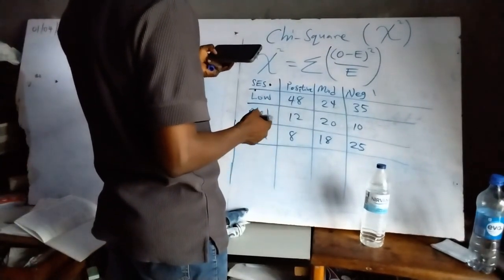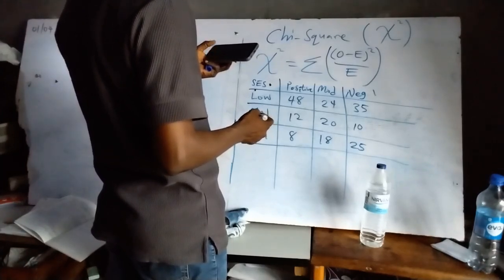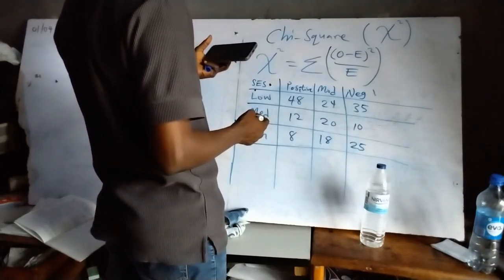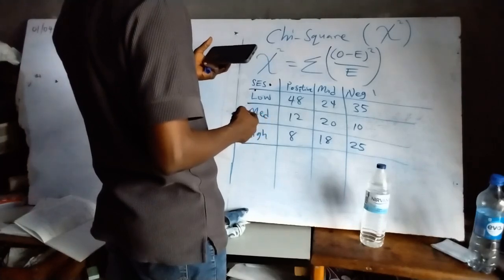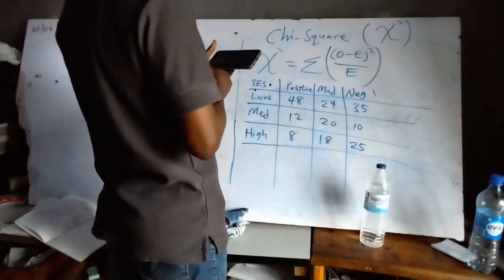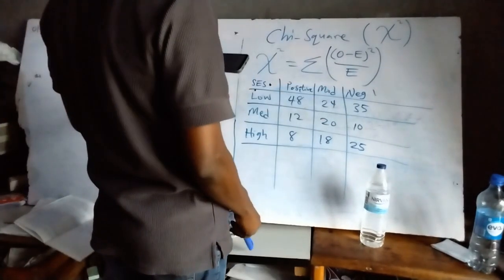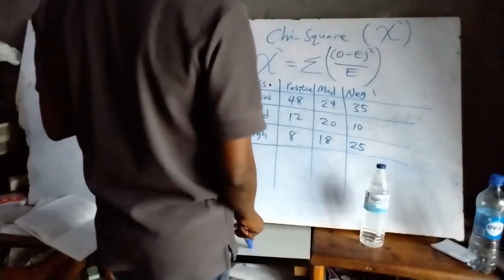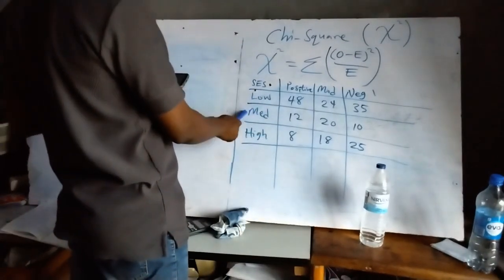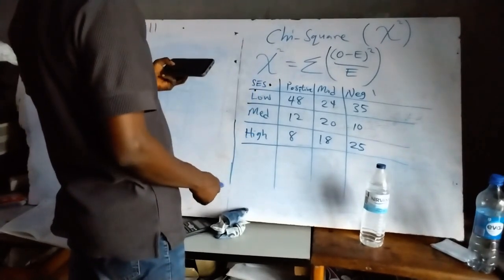So the same way like we have done in the past in t-test and correlation, a researcher administered scale attitude of examination malpractice. So here we can say what is the difference between examination malpractice score of students in low, medium and high socioeconomic status area?